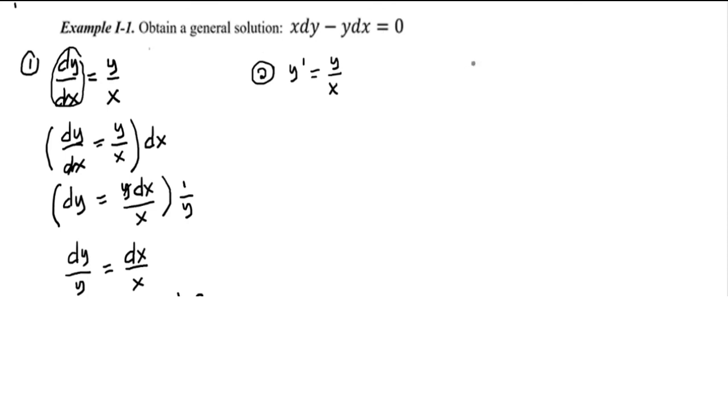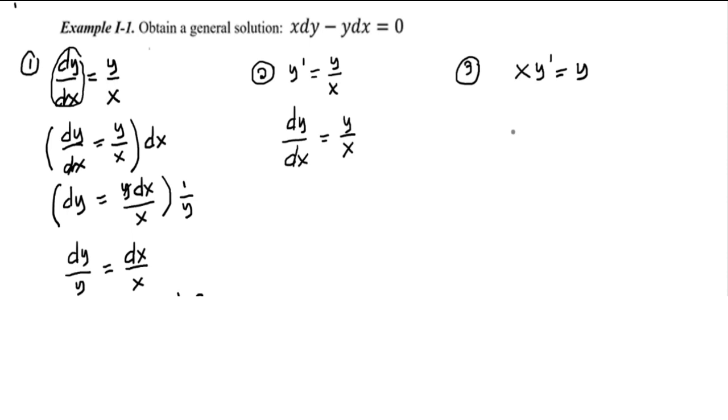Or else, equation 2 can also be written as x y prime is equal to y. So if you are given y prime in an equation, just substitute the value of y prime, which is dy over dx, and that is now equal to y over x. Then you can proceed to solve the problem.